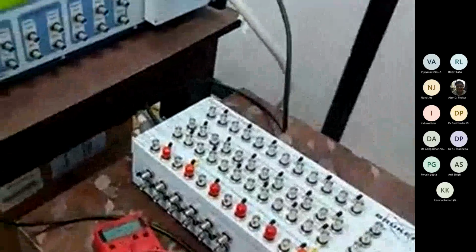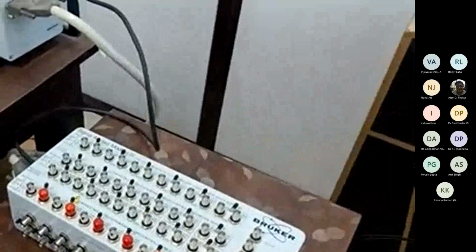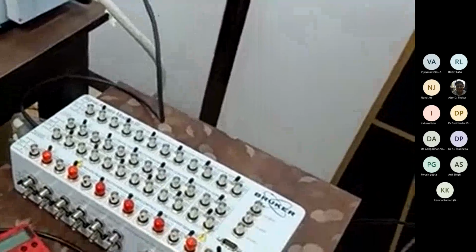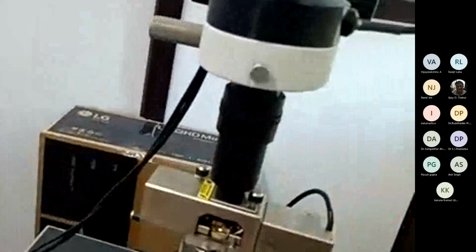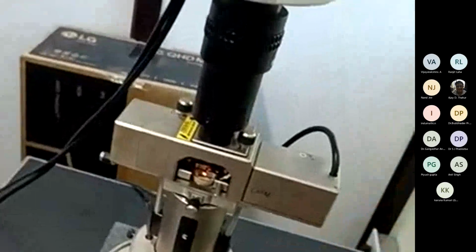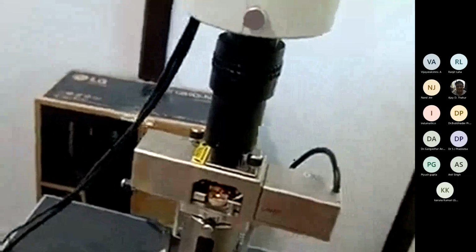And apart from that, we have an extra lock-in and a gigahertz range oscilloscope, and we normally connect a parameter analyzer to this. The AFM tip works like a probe station, and we do the electrical characterization of nanoscale features.